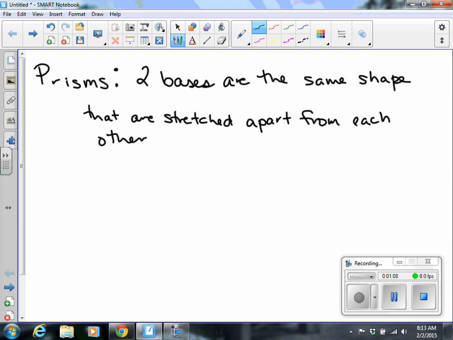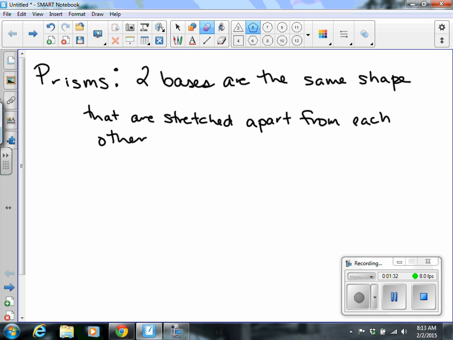Now, a special case of a prism would be a cylinder. With a cylinder, we know the bases are circles, and those circles are stretched apart from each other. If you think about a Pringles can, that's a prism. It's a special case, though, that it's a cylinder. To give you an idea of a true shape, you can think of a box. A box is a good one.